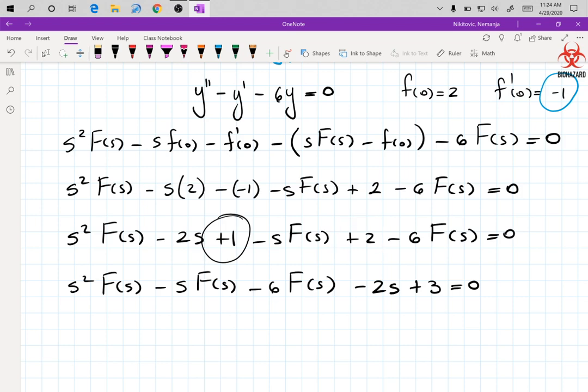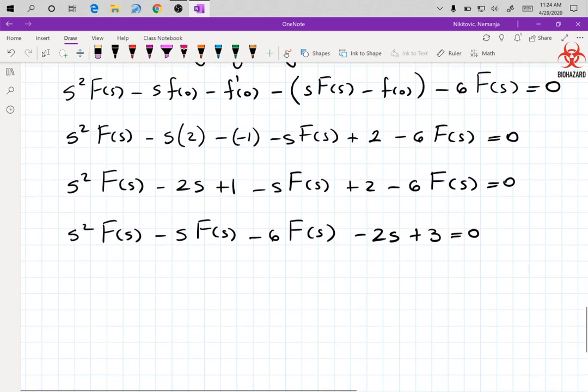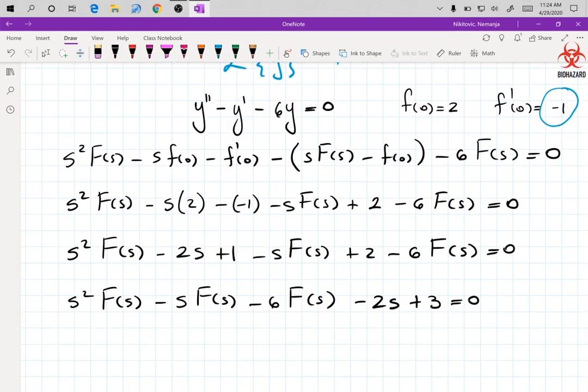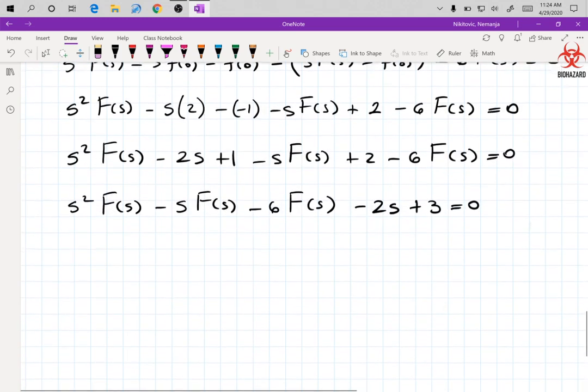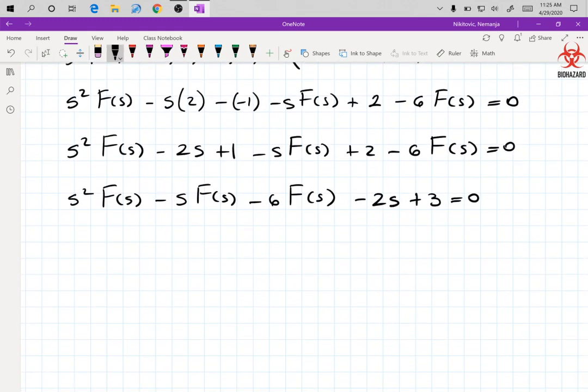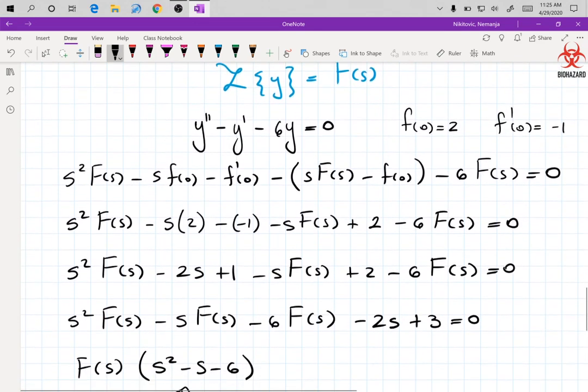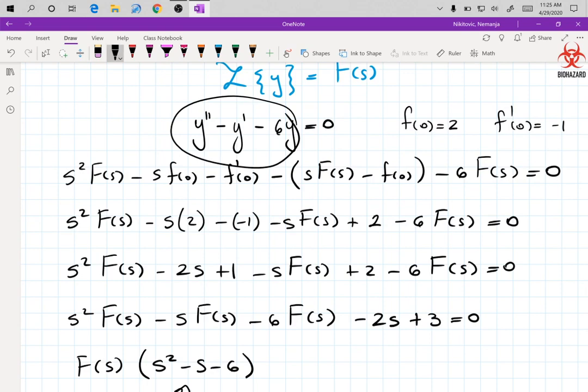And when I make a mistake, just let me know in the comments. So factor out F of s. So F of s, and then what's left is s squared minus s minus 6. Ooh, that is so familiar. Right? Look at that. Kind of reminds you of a characteristic equation.